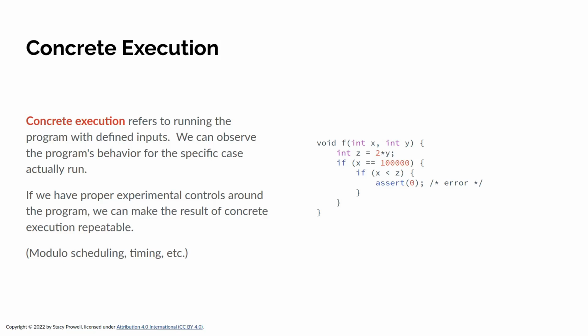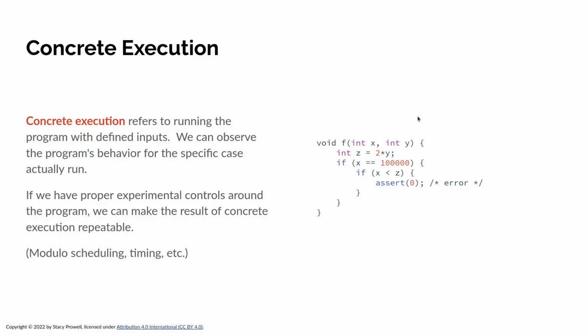If you're running your program and at the same time on the same machine, you're loading up a web browser and opening a bunch of tabs, and that's not part of your experiment, it can influence what your program does and how it behaves, right? A number of things might happen, from running out of memory to the web browser taking down part of the machine. Who knows? So you need to have experimental controls, and that can make a concrete execution repeatable.